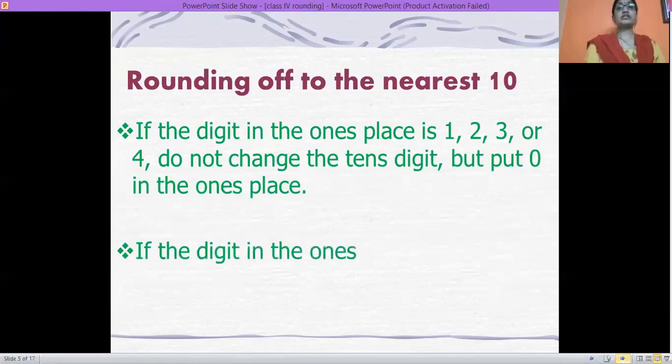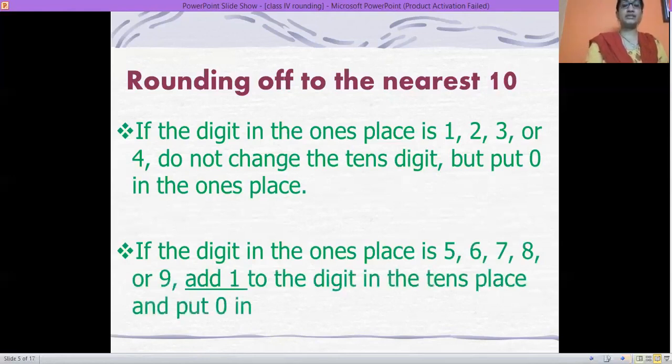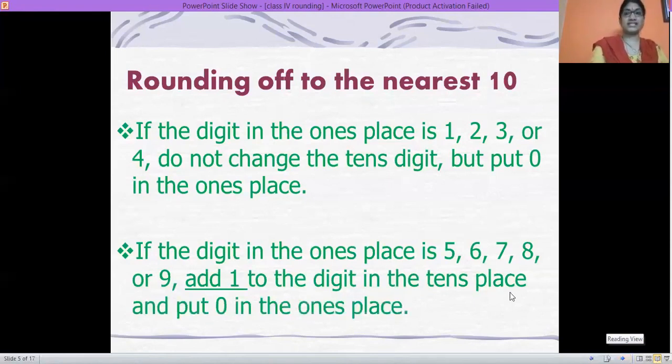If the digit in the ones place is 5, 6, 7, 8 or 9, add 1 to the digit in the tens place. Now what is this digit in the tens place, children? This is a rounding digit, and put 0 in the ones place.